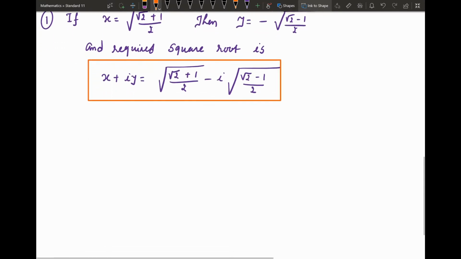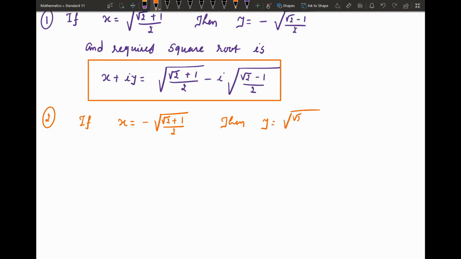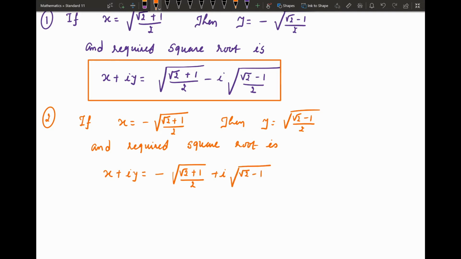Now second, if we take x negative, if x equals minus under root (root 2 plus 1) upon 2, then we have to take y positive, so y will be under root (root 2 minus 1) by 2, and the required square root is x plus iy equals minus under root (root 2 plus 1) upon 2 plus i into under root (root 2 minus 1) by 2.